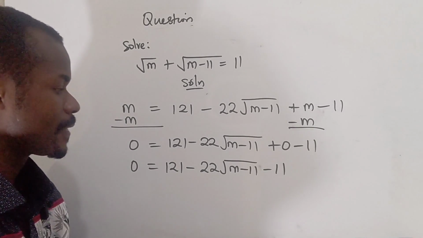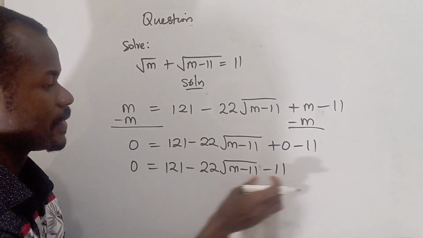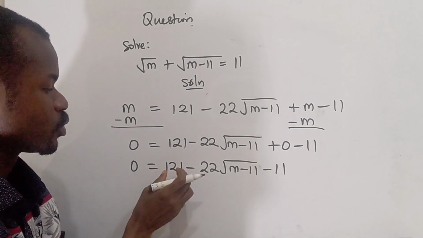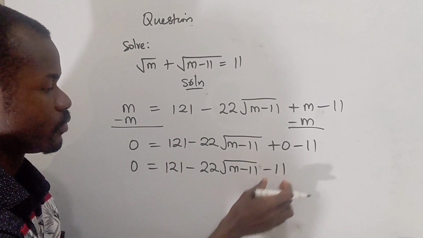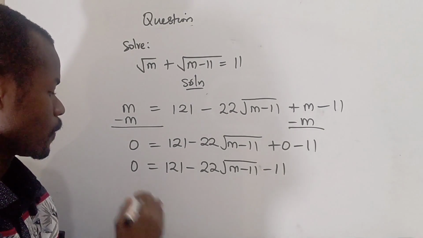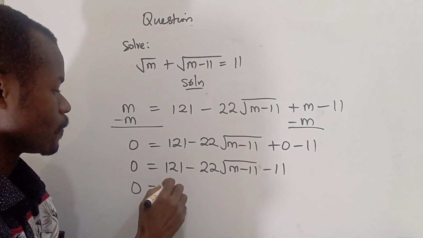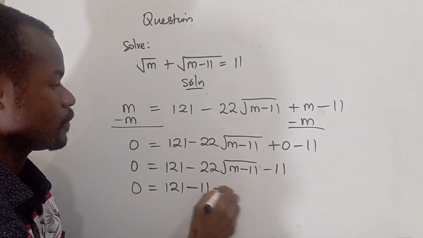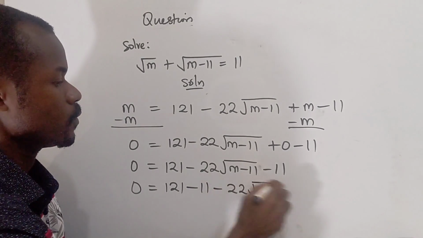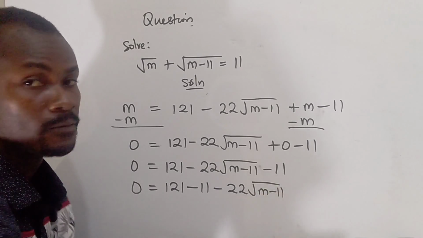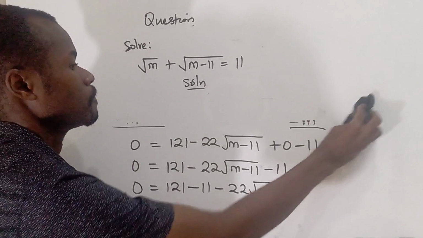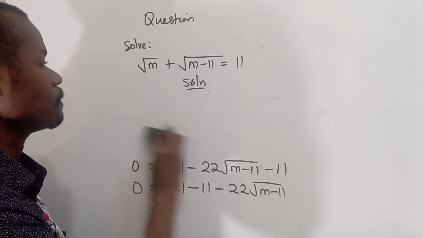All right, so from this, I would like to bring this and this to this side. But before we do that, let's see what 121 minus 11 will give us. So I have 0 is equal to 121 minus 11 minus 22 square root of (m minus 11).